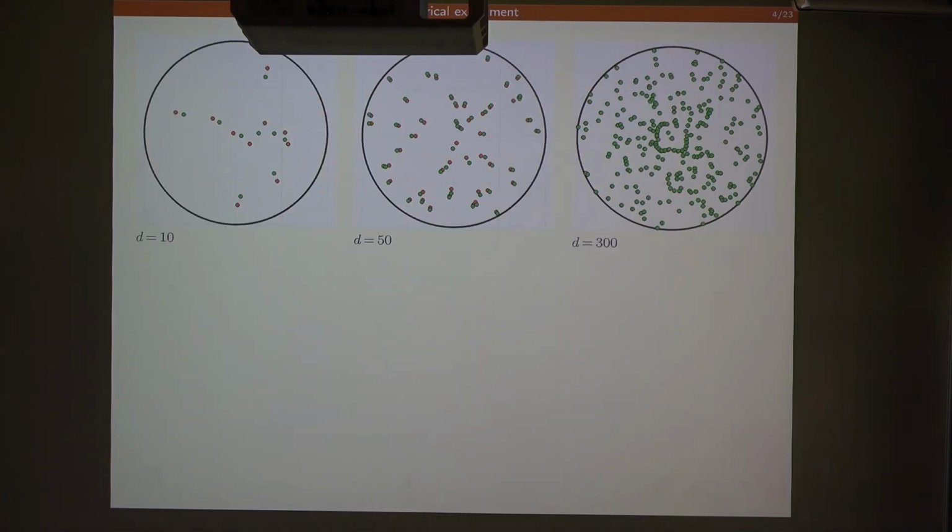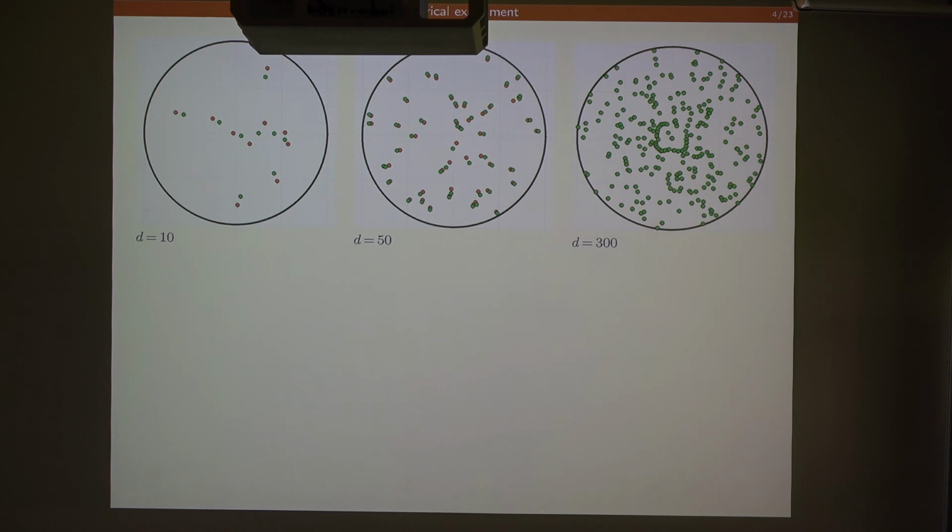A remark. If you examine this experiment, you see that the roots of the derivative in green are not in the convex hull of the roots. Why? Do you have an answer? Yes, because there is numerical error.